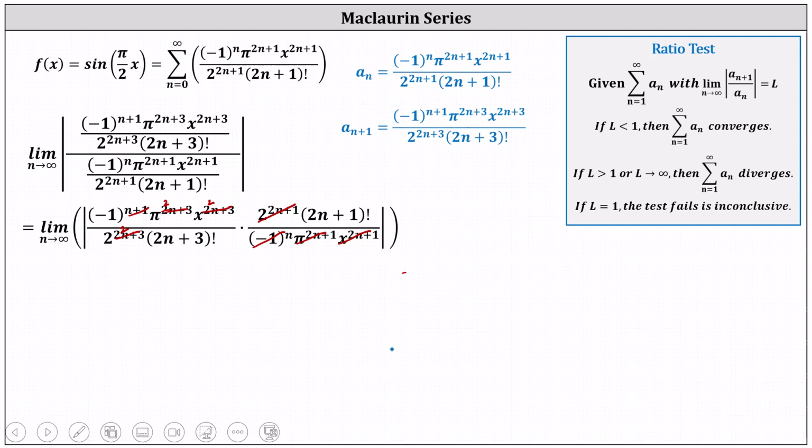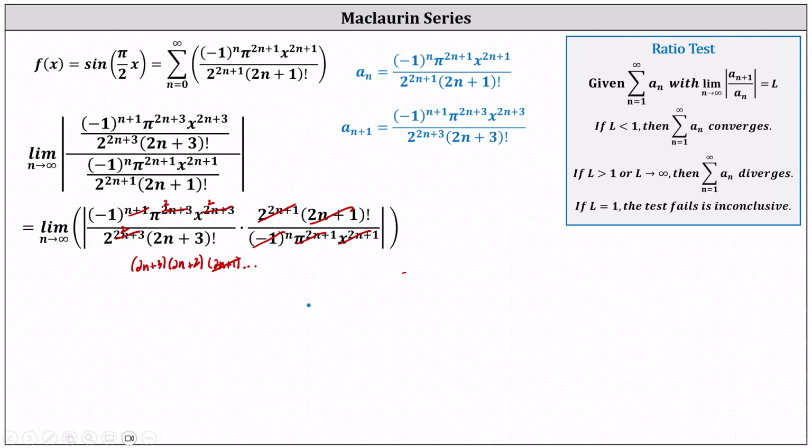If we begin to expand 2n plus 3 factorial, we have 2n plus 3 times 2n plus 2 times 2n plus 1 and so on. Notice the factors of 2n plus 1 and so on would be equal to 2n plus 1 factorial.